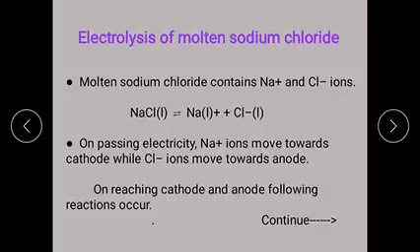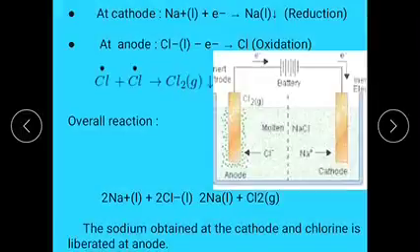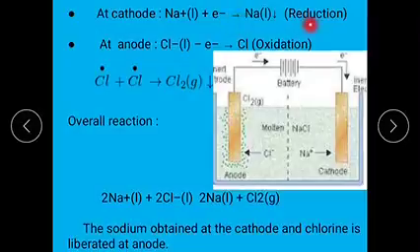On reaching the cathode and anode, the following reactions occur. At the cathode, which is a negatively charged electrode, it attracts the positively charged ions, that is cations. When Na plus gains an electron, it is reduced to sodium.